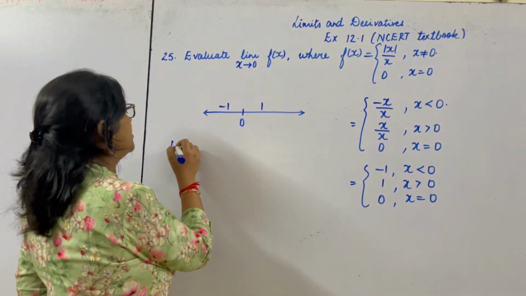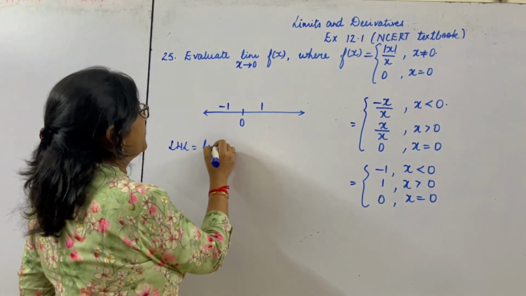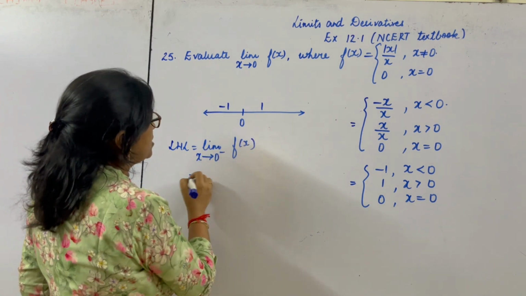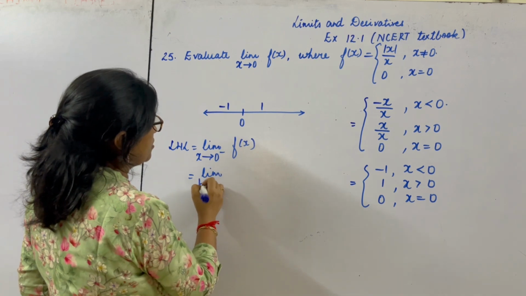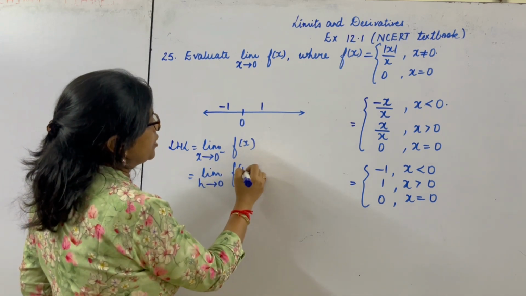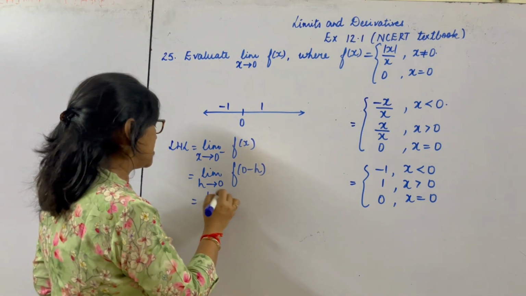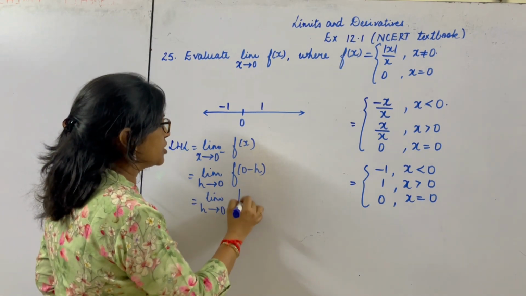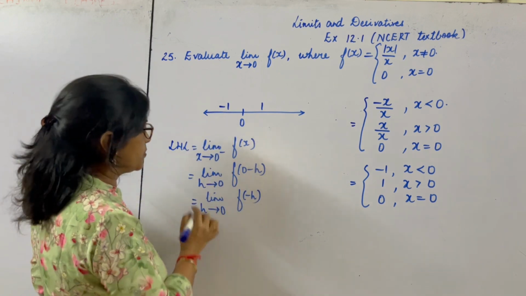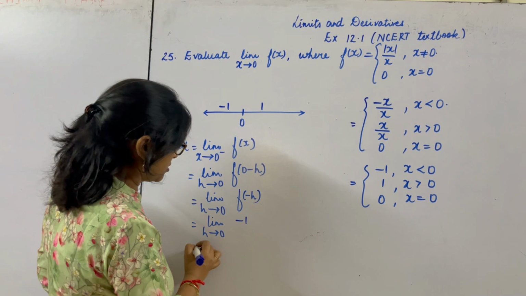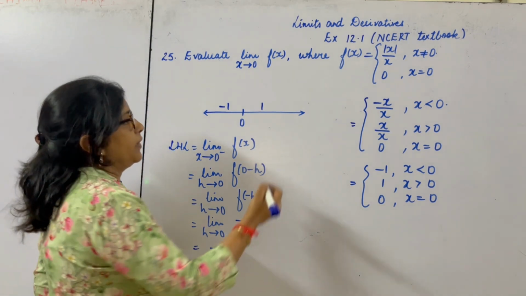So if I find the left hand limit, it is limit x tends to 0 minus of f(x), and obviously we can convert this to h tends to 0. Because the limiting value is 0, it is 0 minus h. However, in this case, it doesn't make a difference because the function is constant value, which is minus 1. So when you find the limiting value for minus 1, it's going to be the same.